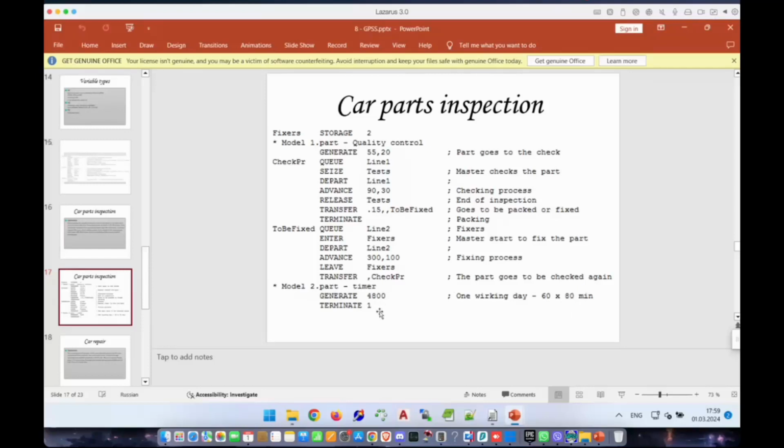That's why we have, no, we have 4,800 time units, when we make the assumption that one time unit is equivalent to 1 minute.